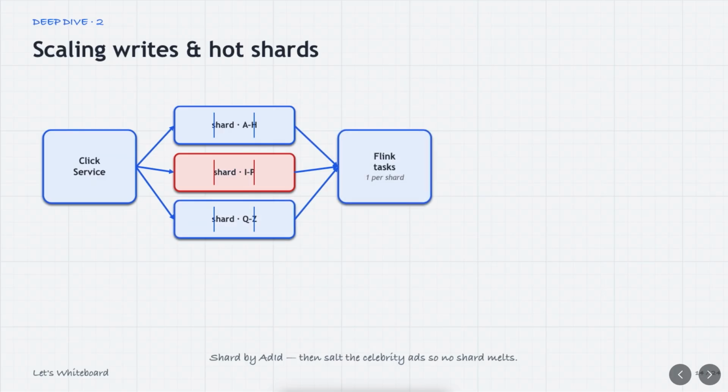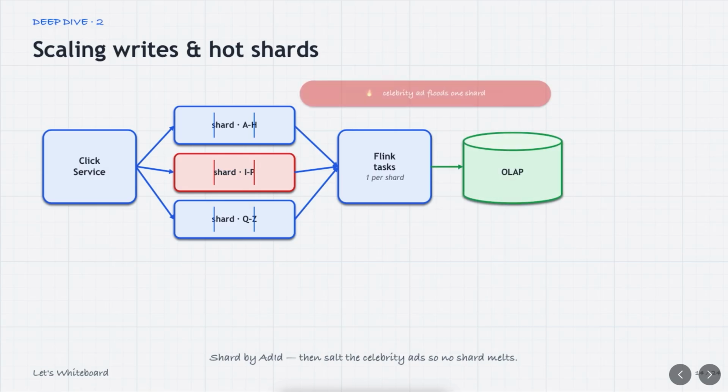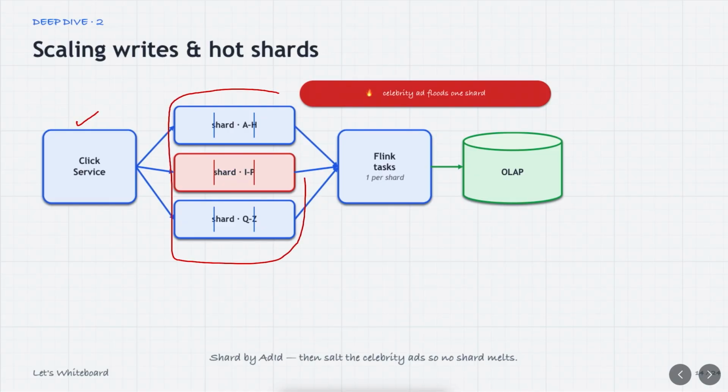Next is how do we scale writes and handle hot shards. So we discussed that in case there is a celebrity ad flood that can happen at any given time. So we have the click service, this is Kafka or Kinesis that we are using, and then we have Flink tasks that are happening. So how can we make it scalable based on writes? We introduce shards.